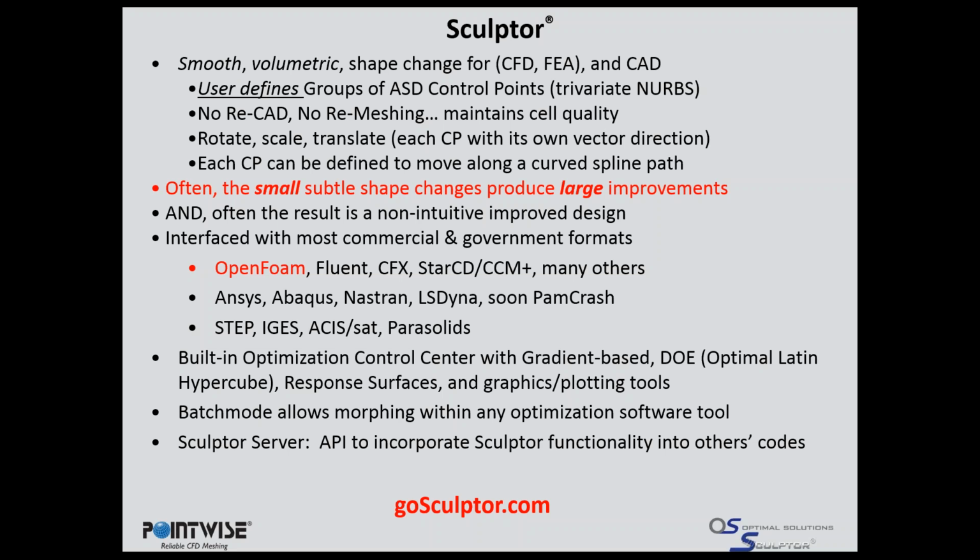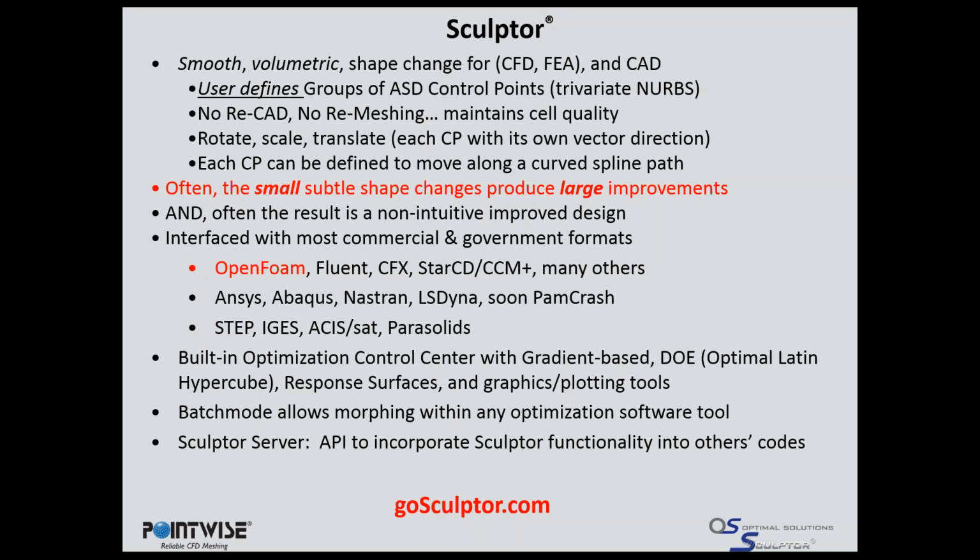So we're not changing anything but the nodal location. So all of the cell connectivity, all of the boundary conditions, everything else remains the same. So you can take that directly back into the solver and look at the improvements for that.